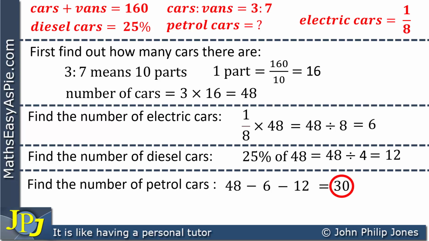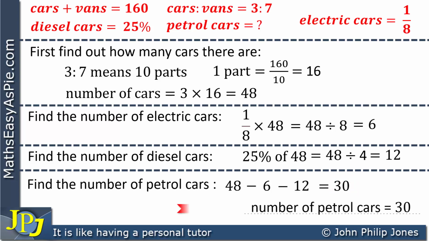So the number of petrol cars is 30. So on the dotted line, you would simply write number of petrol cars equals 30, and I've just pointed to it by the red arrow. So you can see in front of you all of the steps that were necessary in order to find out the number of petrol cars.